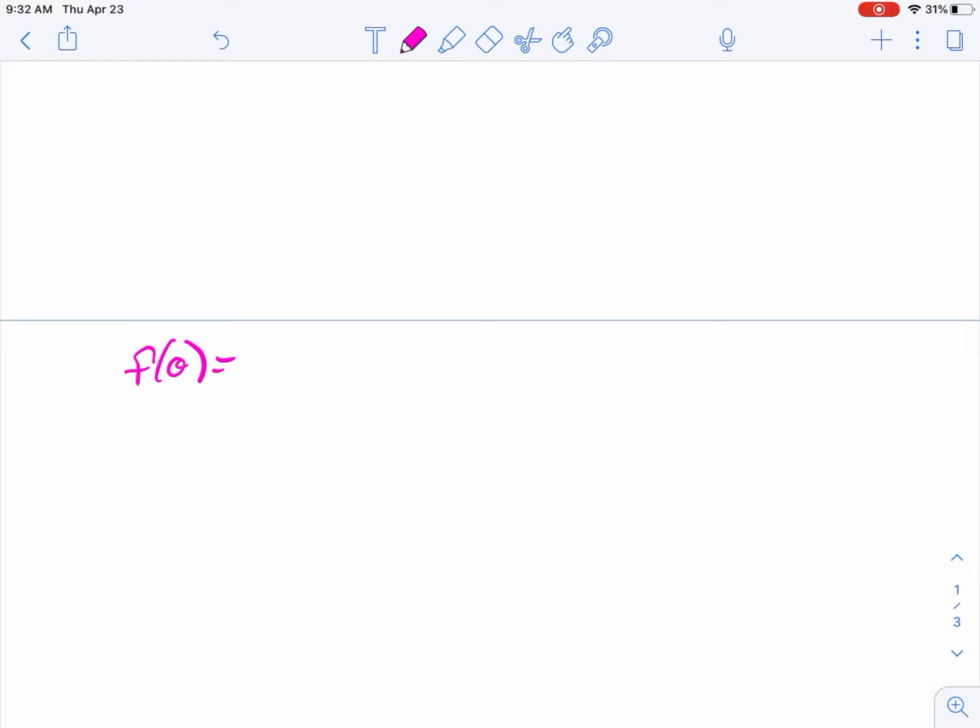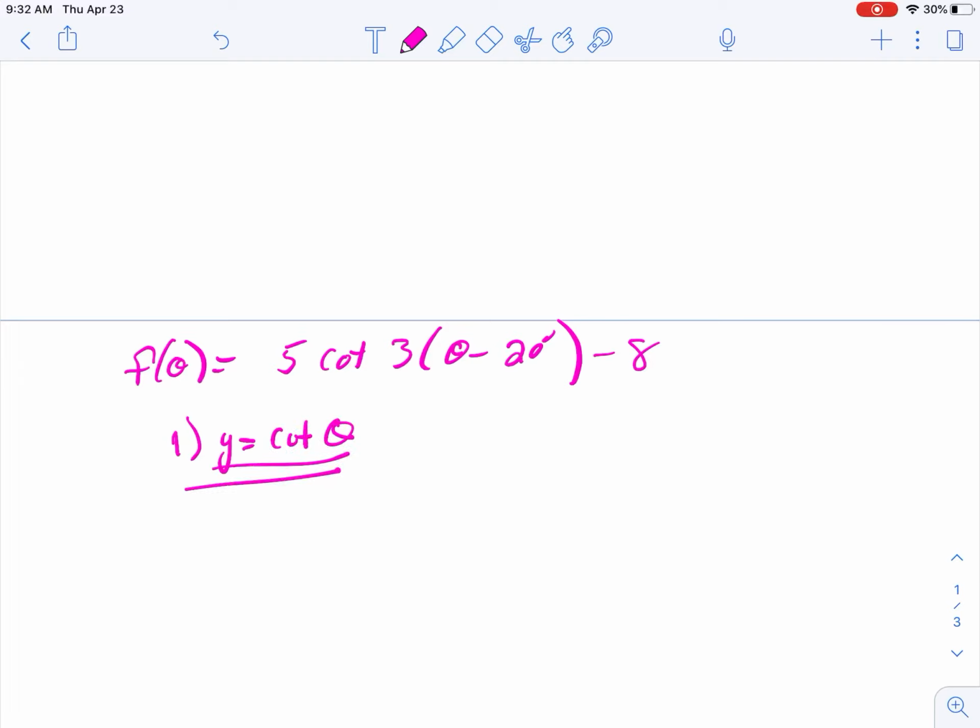Let's look at, let's say f of theta equals 5 cotangent of 3 theta minus 20 degrees minus 8. Okay, all right, so first off, my parent graph y equals cotangent of theta.